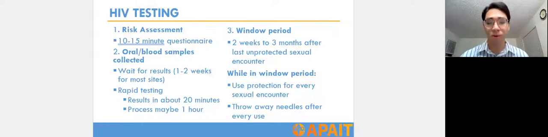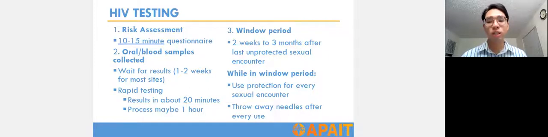So for example, let's say a person says the last time they got someone else's fluids into their body, which is their last possible exposure, happened on March 1st. They come in to get tested on March 31st and results come back negative. They would have to return 3 months later, sometime in June, to get retested and close out that window period.